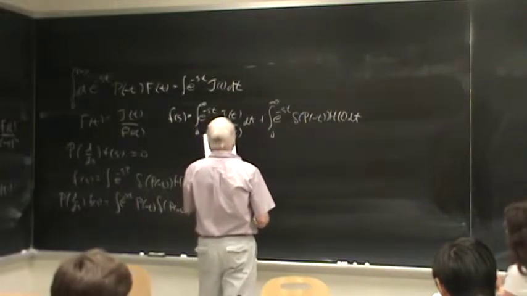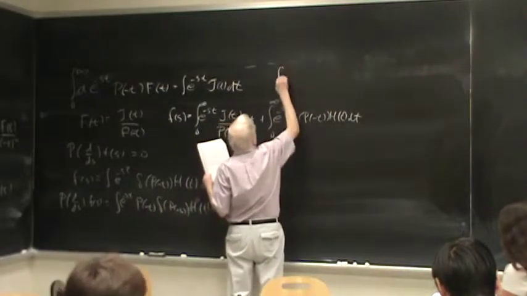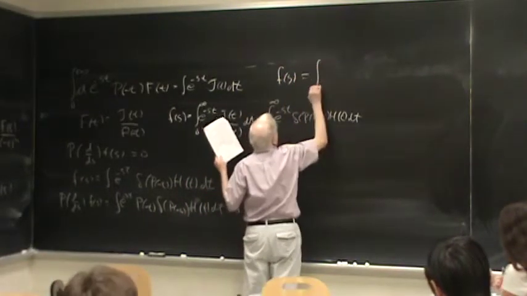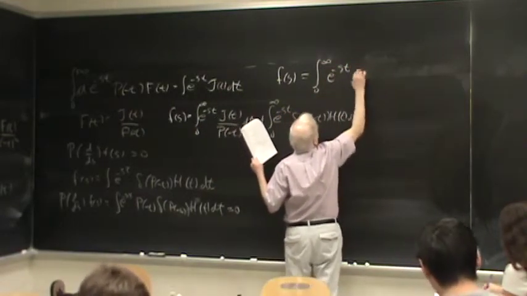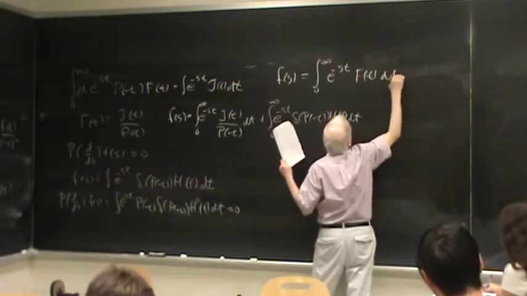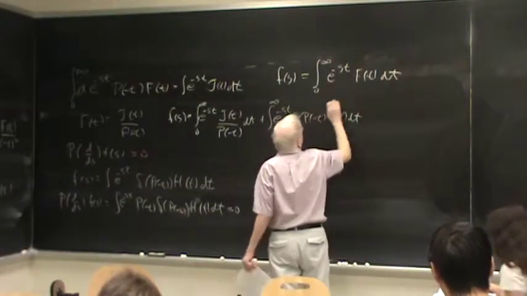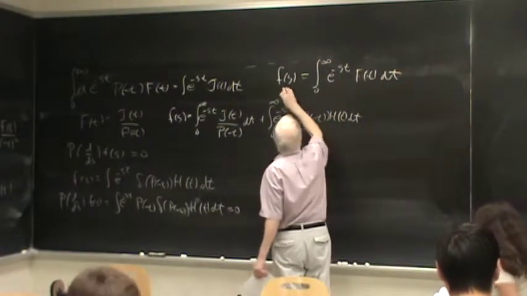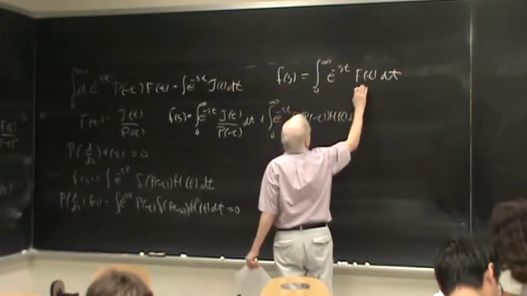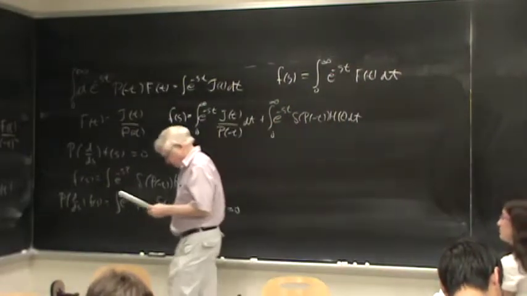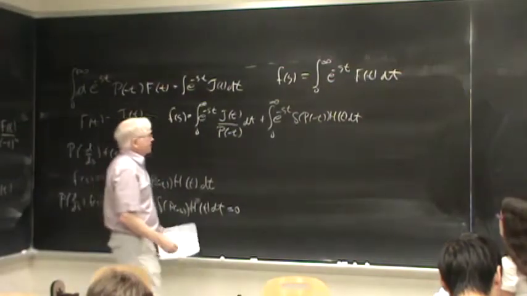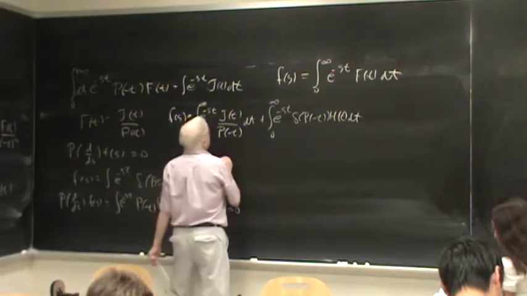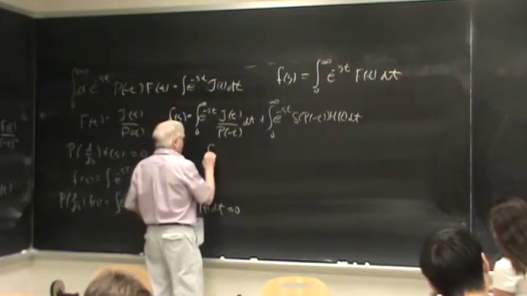Okay. So how do we invert the Laplace transform? We're given f of s. We want to find f of t. And so the first thing that we do is we promote f of s to a complex variable.